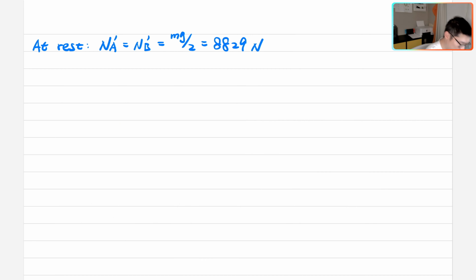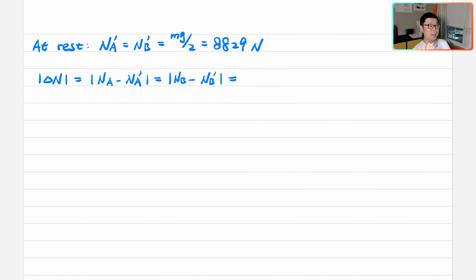Okay, let's calculate the delta N here. The delta N is the same whether you use NA minus NA prime, or NB minus NB prime. Note I'm using an absolute value here because one is stretched, one is compressed. There will be different signs. So I'm using the absolute value here.